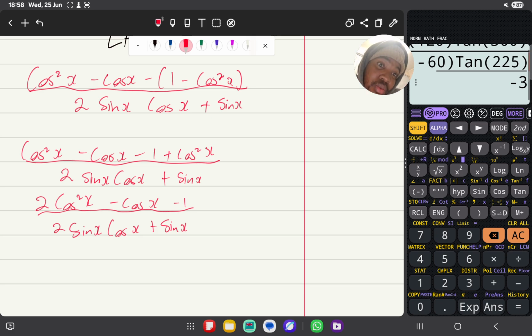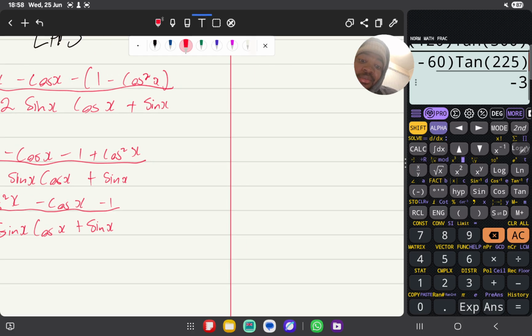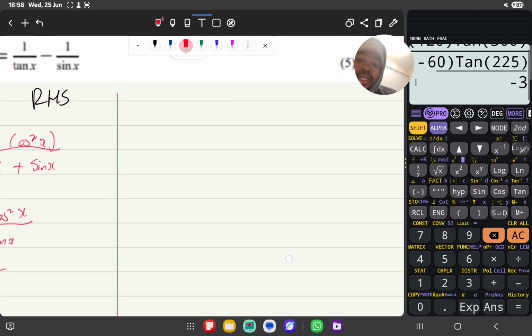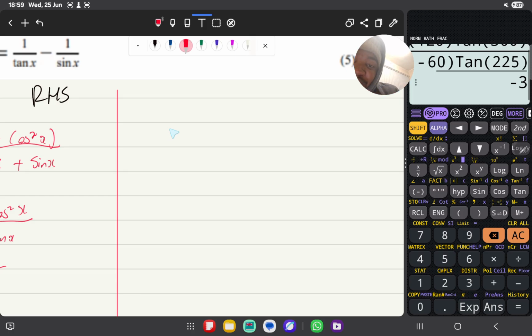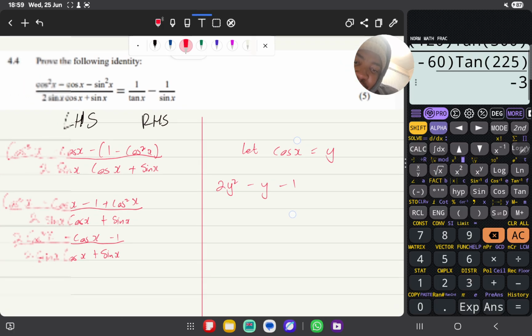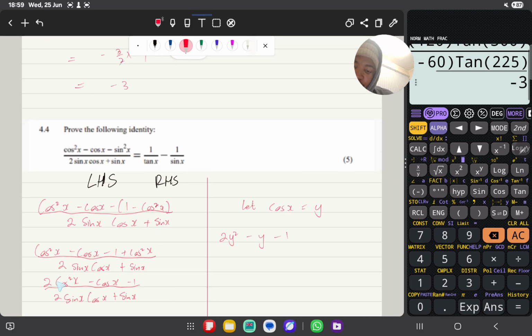So what I do for my sake, on a piece of paper, you don't need to show it, though you can also show it in your working, is let cos x be y. That means I have 2y squared minus y minus 1. Is it minus 1? Yes.